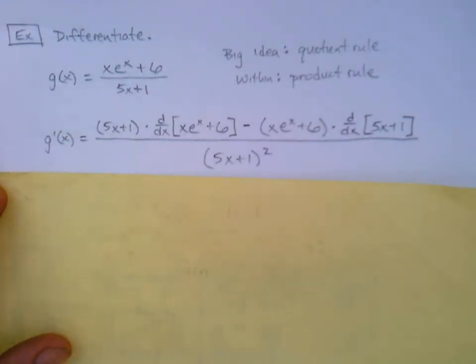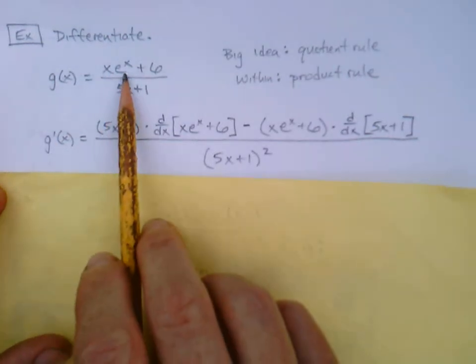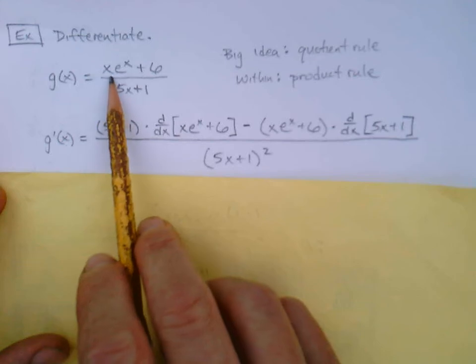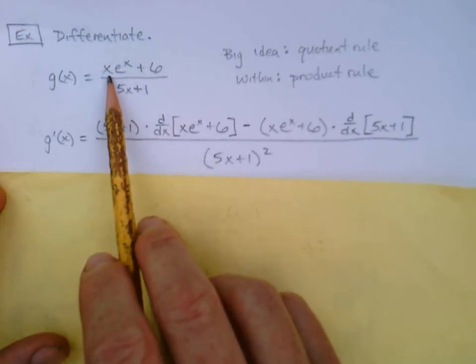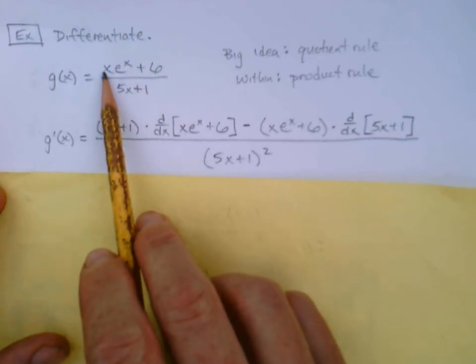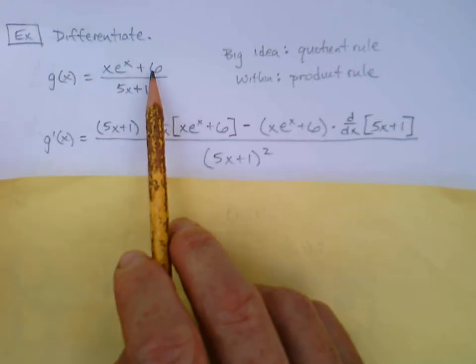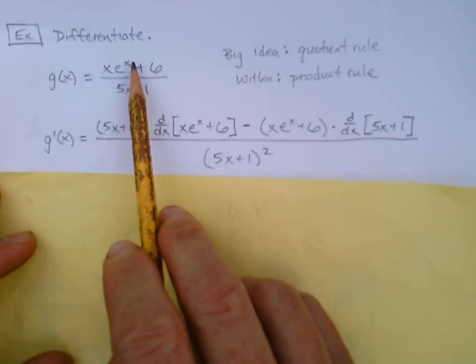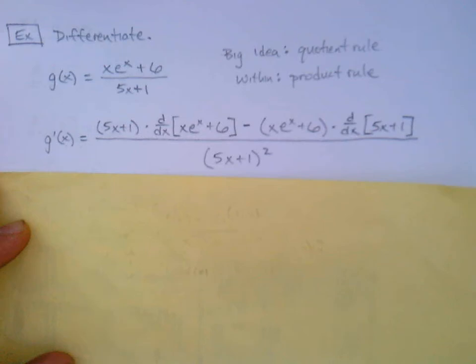But here's a nifty trick. I look at that high, and I think, the derivative of that is going to require a product rule. The 6 is going to go to 0, but I'm going to have this product rule. I would rather not think of that yet.